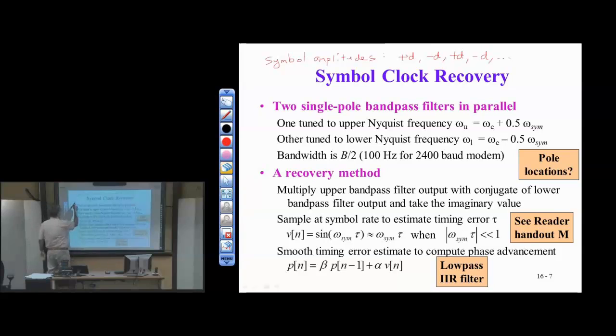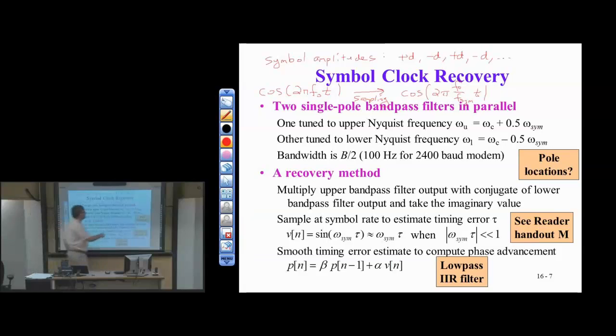Right, so if we think about a cosine, and I want to look at the discrete time version of this, remember, this is our symbol rate.